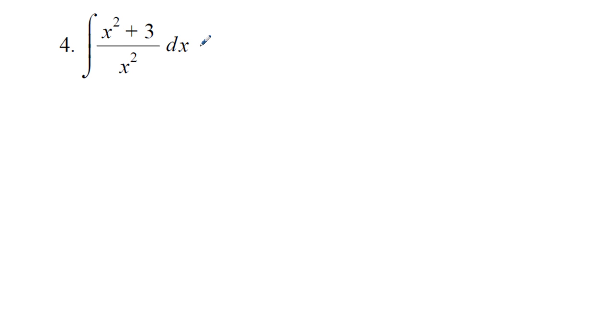So we can rewrite this as the integral of x squared over x squared dx. Okay, see what we did? Plus 3, because we have this 3. Well, it might be more visual. I'm going to say 3 over x squared dx.